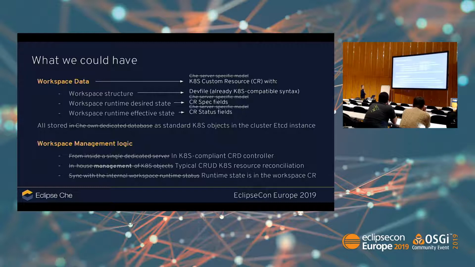And on the logic side, everything would be done inside a Kubernetes-compliant CRD controller, as I spoke of before, with very well-defined and simple logic. It's typical CRUD resource reconciliation: when a resource is created, you create the underlying objects; when it is deleted, you delete them. So it's very simple and systematic logic. And we don't have to sync any runtime status, because everything is stored in the custom resource.